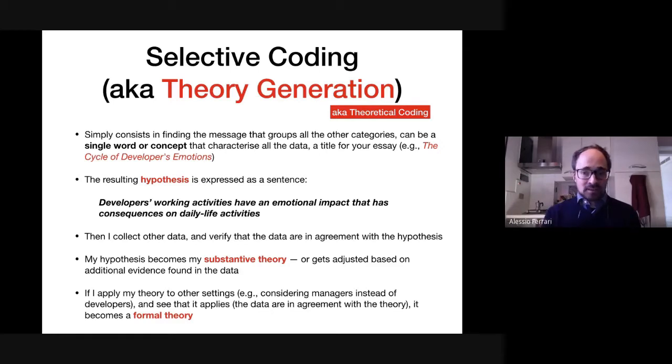And the hypothesis associated to this single word or concept or minimal set of concepts is expressed in just a sentence. Developers' working activities have an emotional impact that has consequences on daily life activities, because, you know, the person forgets to eat, the person cannot sleep if they have to debug. So activities related to work have an impact on daily life activities.